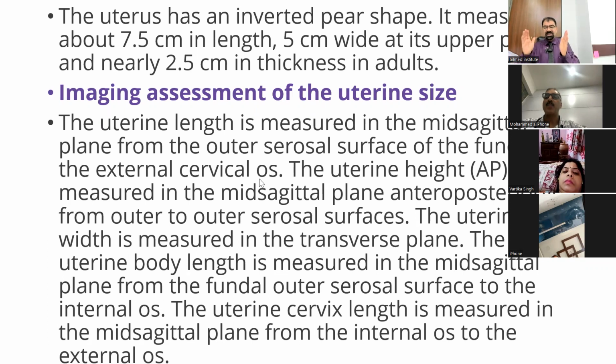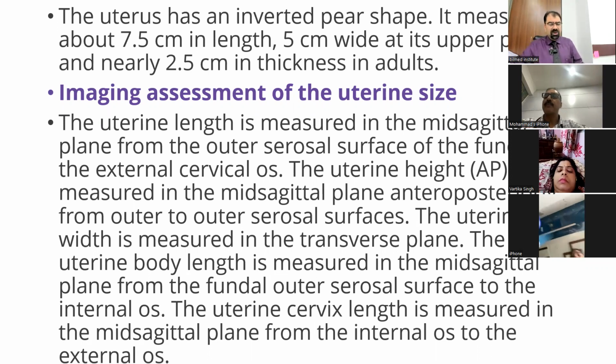It means that your cervix will be included in the overall measurement of the uterus. So this way you will be measuring, and please make a note that you have to take 3 measurements, and the 3 measurements can be taken in 2 sections, one transverse and one longitudinal. This is in detail in your course.